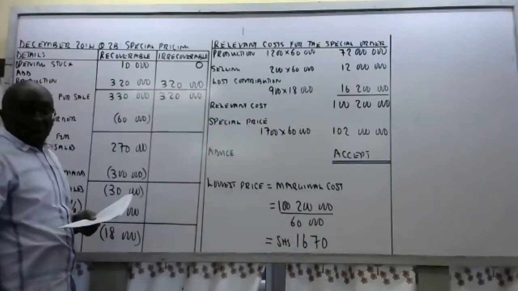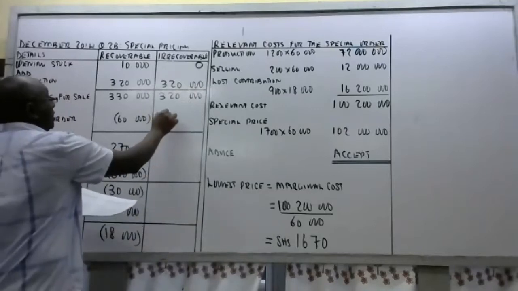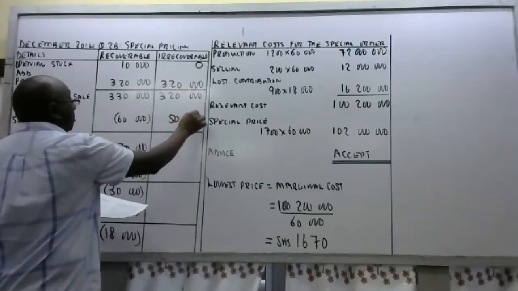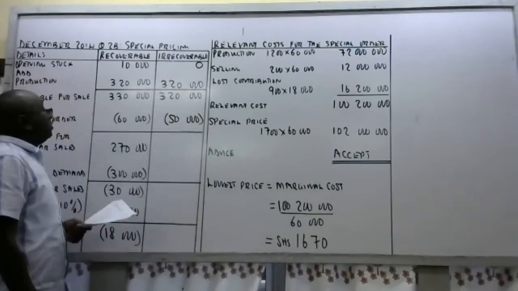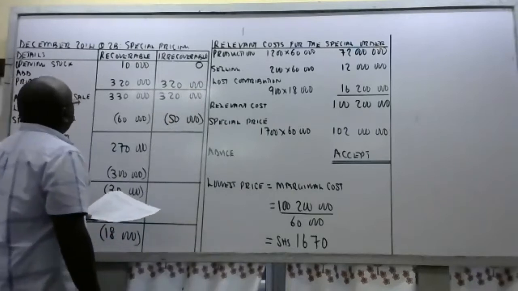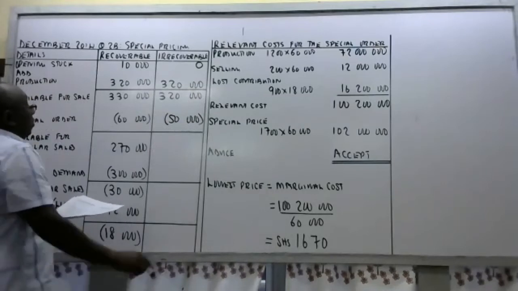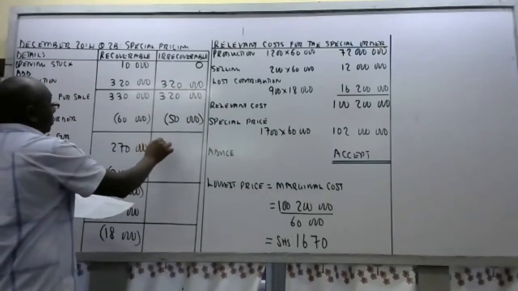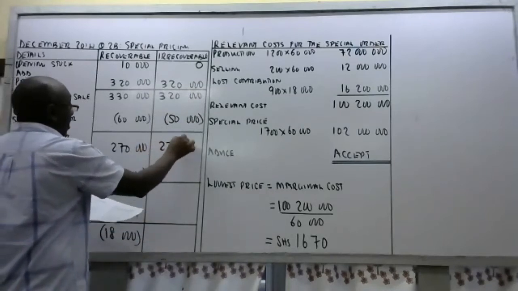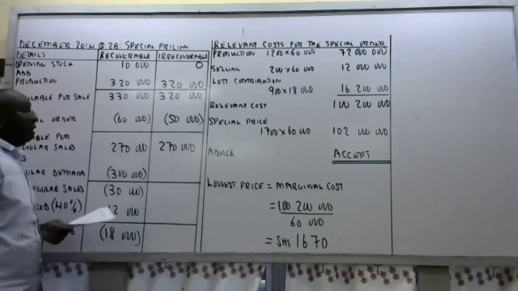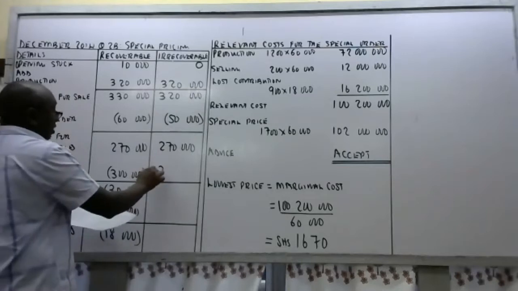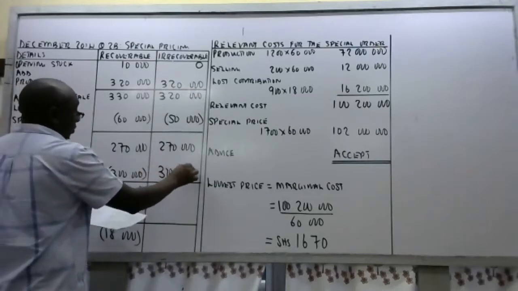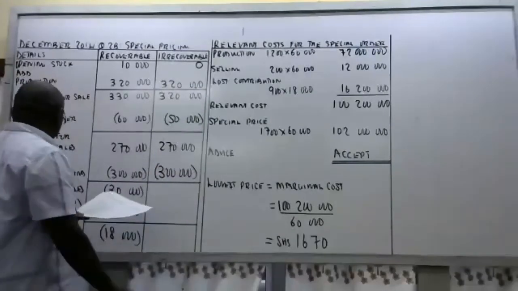The special order, we are told now, is 50,000 instead of 60,000. So that means we have 270,000 available. The regular demand still remains 300,000.